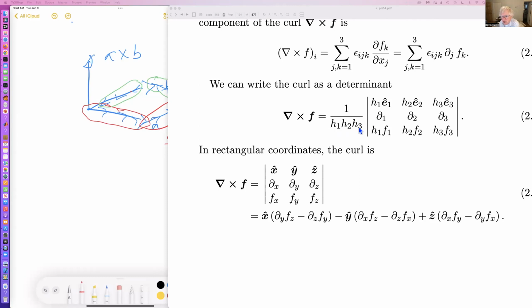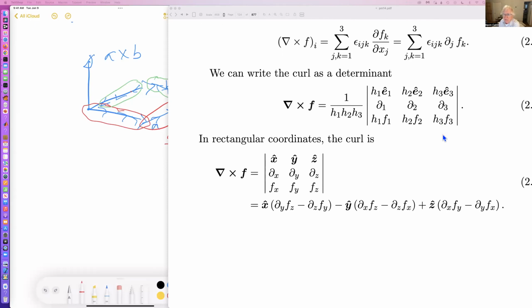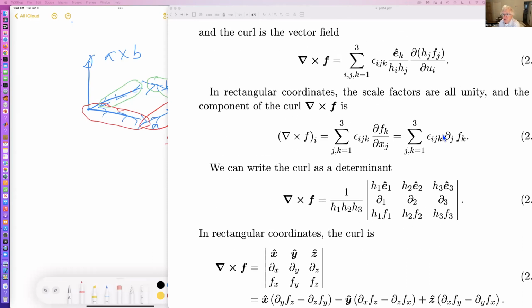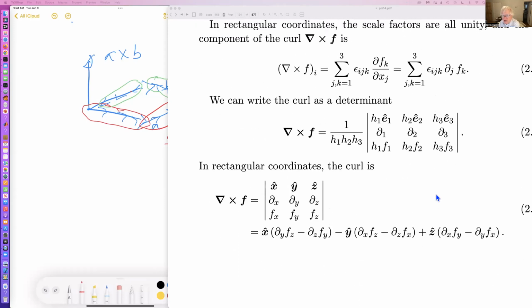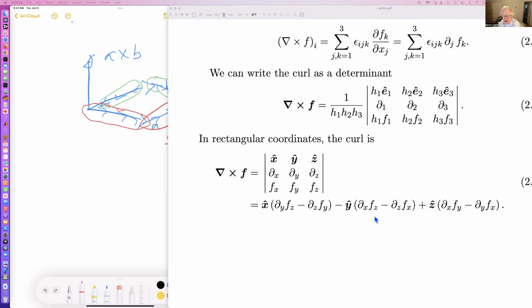And we divide by h1, h2, h3 to cancel out the extra h's in here. But we need some of them because it's the derivative of h_j f_j. So that's where we have h1 f1, h2 f2, h3 f3, the derivatives, and then the vectors in these various directions. And these h's are to cancel the extra h's here.